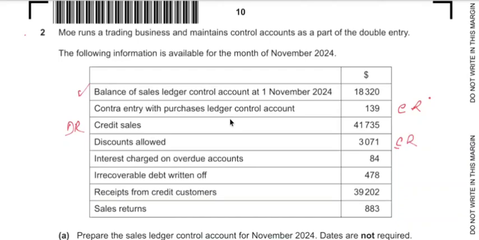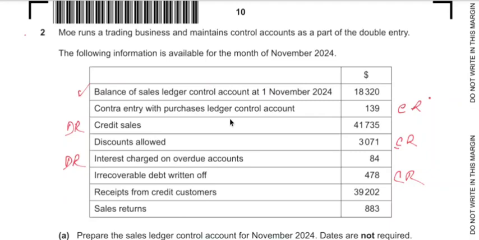Now there's interest charge on overdue accounts. So this is the interest that you charge for those customers who have unpaid accounts and they are overdue. So this is a sort of income, and this will be increasing your credit sales value. So this should go on the debit side. We have irrecoverable debt written off. So bad debt, again, this reduces your credit sales value, so that will go on the credit side.